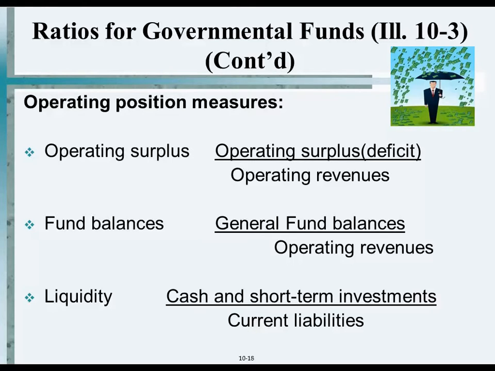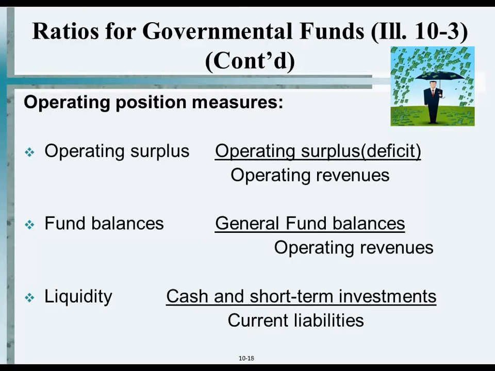Okay. Fund balance: general fund balance divided by operating revenues, and this is what I was saying to you. This is a subjective number, but there's one thing nobody asked me. As I ask you this question, I'm always asking you at a point in time, right?